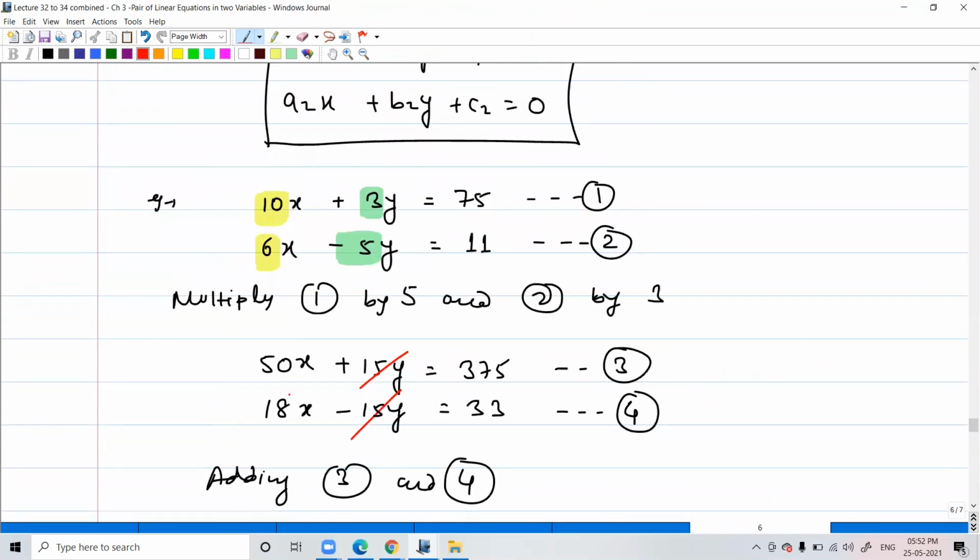Don't go into the third and fourth because the numbers will be bigger. You can use the third and fourth equation also, but the numbers are big, right? 50, 375. So it's better to choose one of the two equations, equation 1 or 2. Any one you can pick and put the value there. So I would choose the second equation. Why? Because what is the value we need to find out?